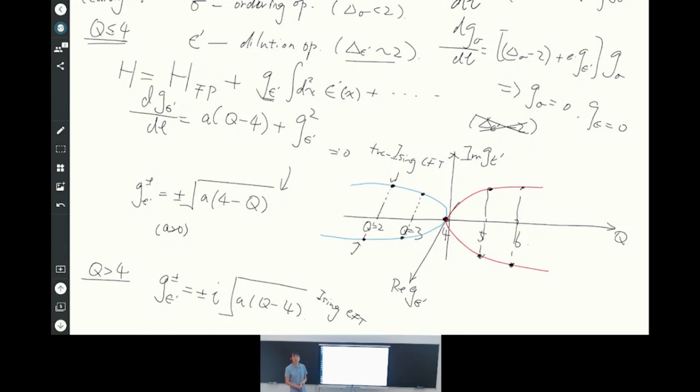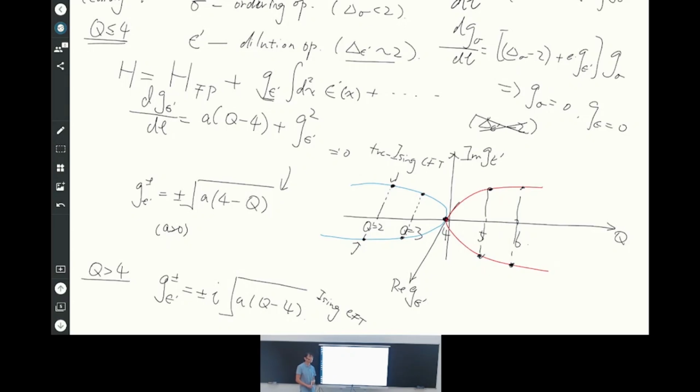S4 is a symmetry. So epsilon prime cannot change the symmetry that you have. If you have S4, you cannot describe the point S3 by adding a singlet of S4. So the RG flows live on lines with the same Q. I think what this G epsilon prime is would be you start from the tricritical point and then you flow down. Now, I think that this G epsilon prime is actually just a shifted version of this.